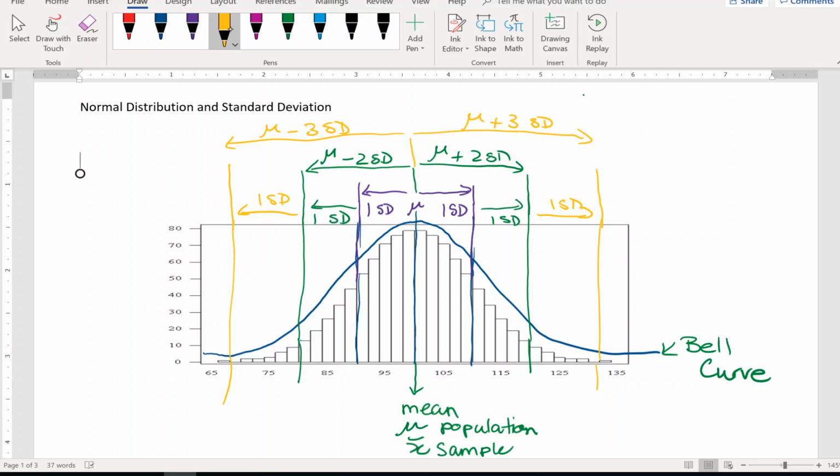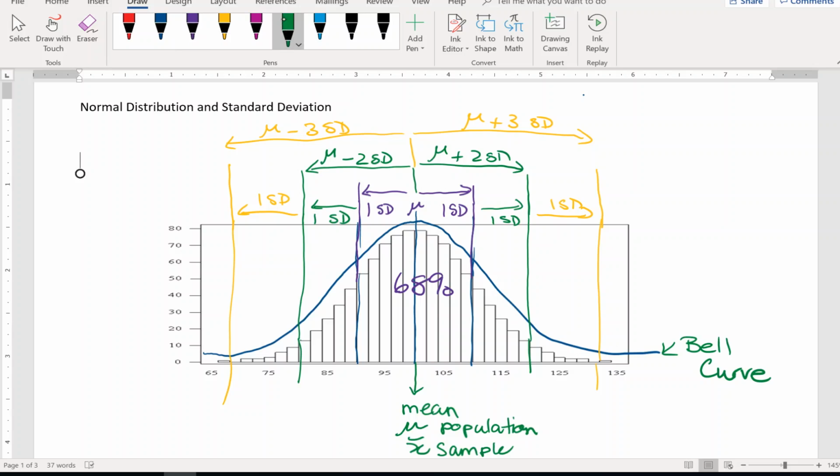And so what statistics often says is that between one standard deviation either side of the mean, this is where 68% of the data lies, between those standard deviations.